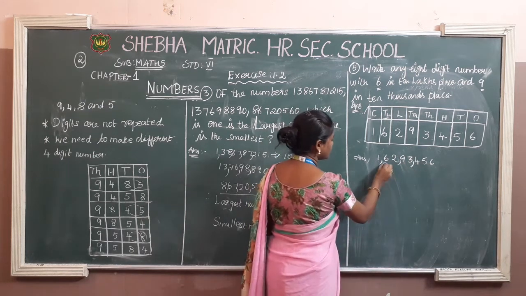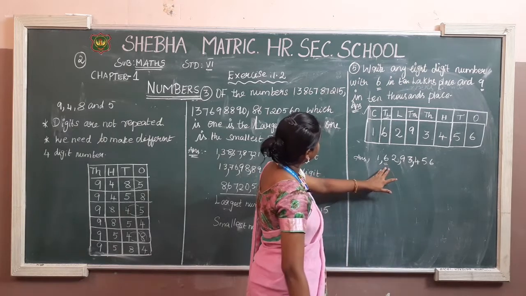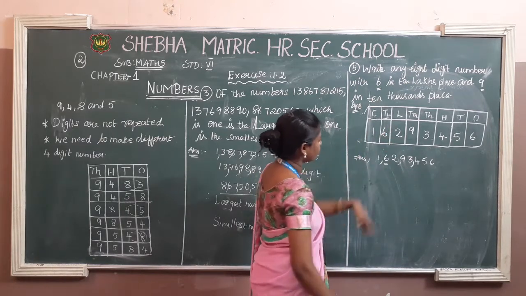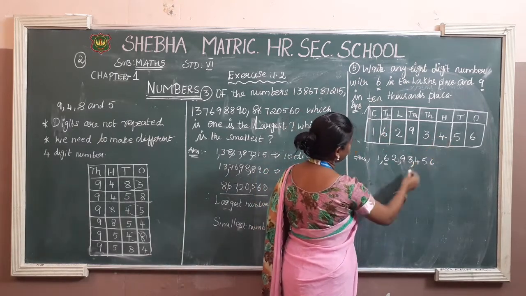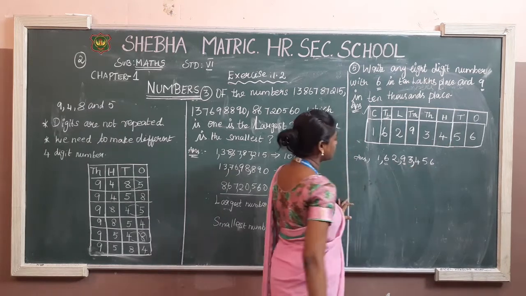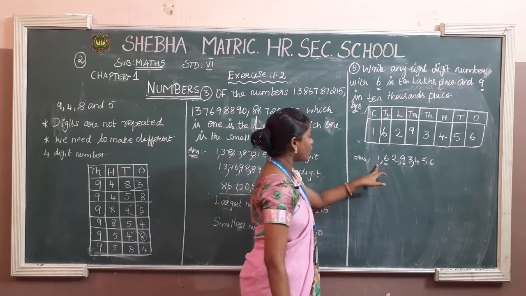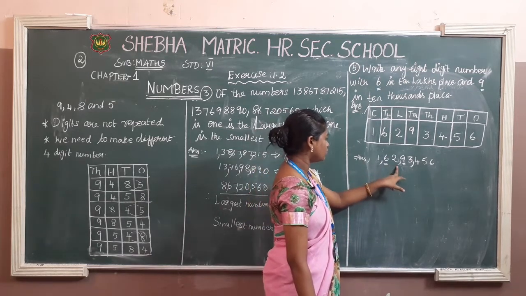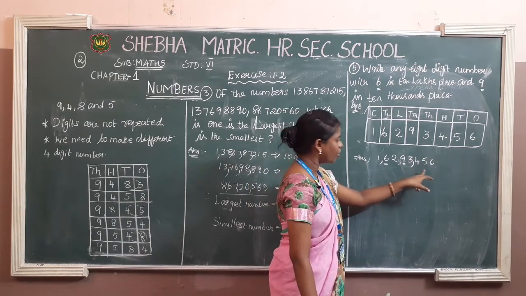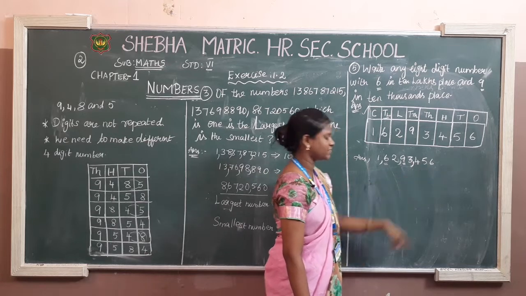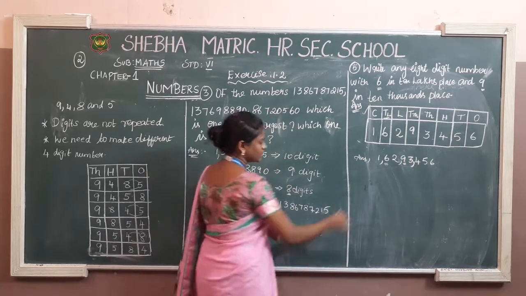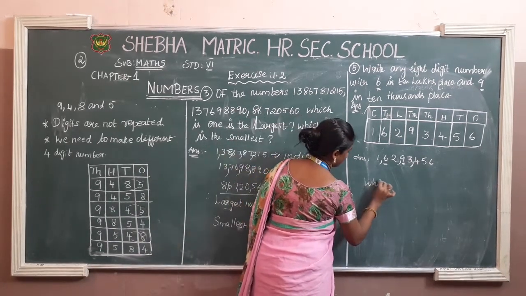So 6 is in the 10 lakh place and 9 is in the 10,000 place, which satisfies the conditions. We can say it this way: 1 crore 62 lakh 93,456.